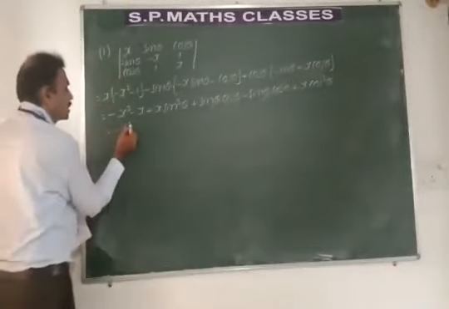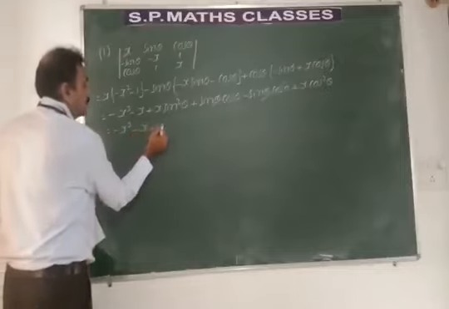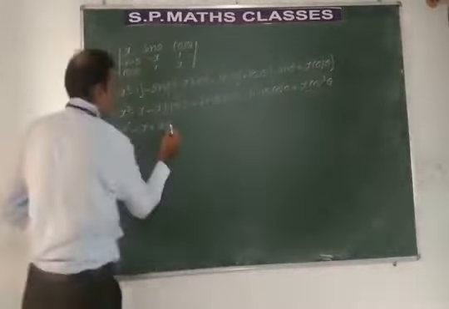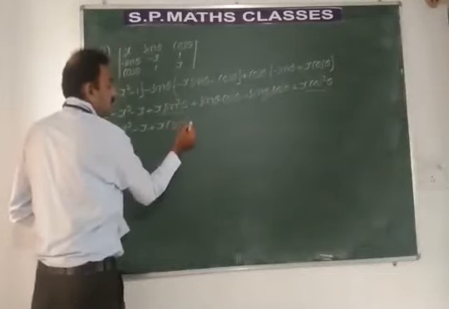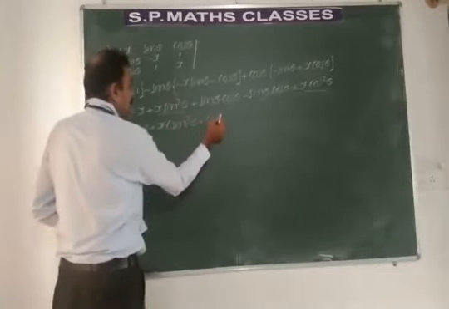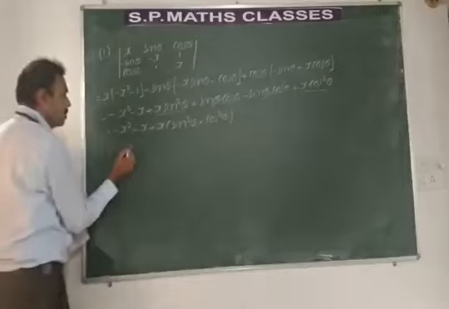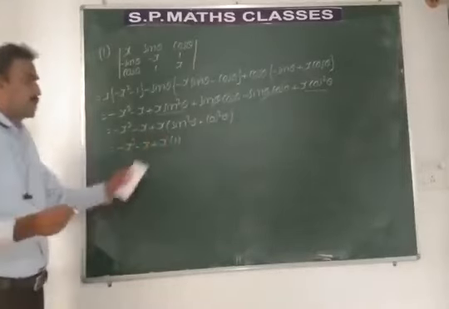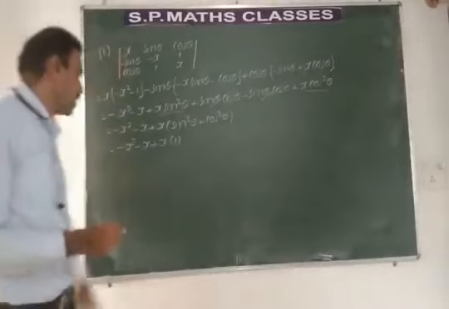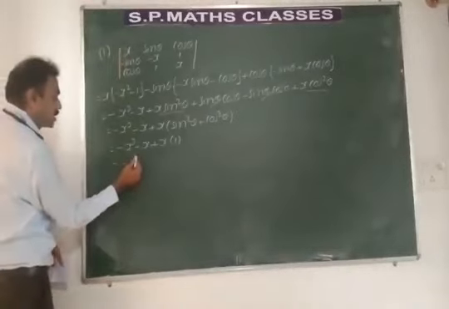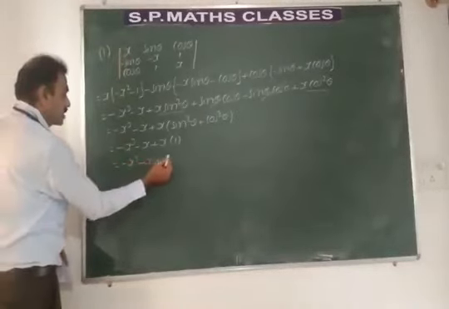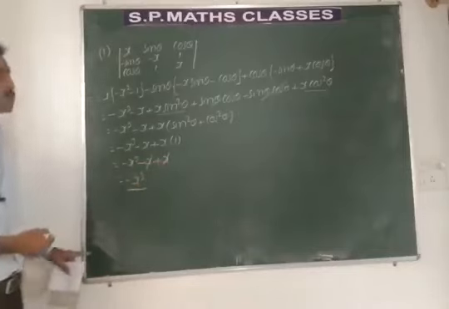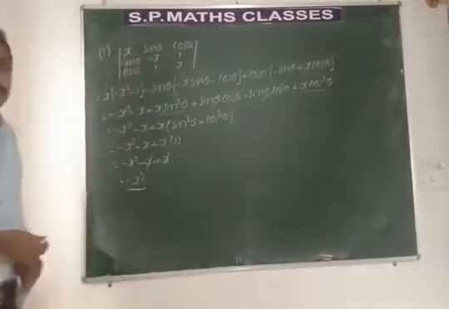Now it is minus x cube minus x plus x into, from these two you can take x as common factor, x into sin square theta plus cos square theta. Minus x cube minus x plus x into 1. You know sin square theta plus cos square theta is 1. So minus x cube minus x plus x, the x cancels, so you will be getting minus x cube. So the value of the determinant is minus x cube.